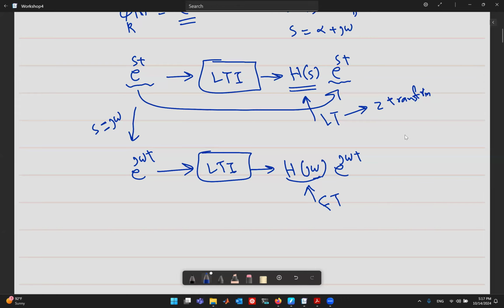And the special case of the Z transform, when Z is purely imaginary, we get the discrete time Fourier transform.